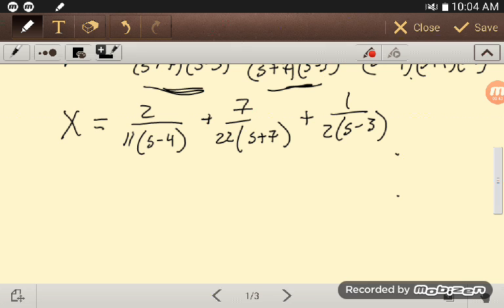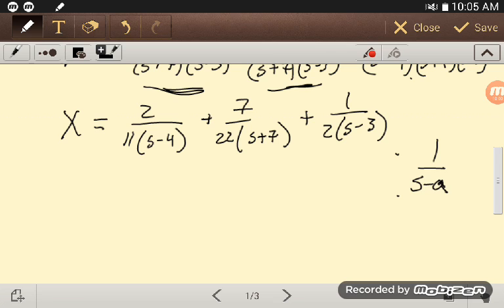Okay, so the constants are no big deal, and then I see an s minus 4, an s plus 7, an s minus 3. Well, the inverse Laplace transforms, as I look at the table, all of these I can think of as 1 over s minus a. So that's very convenient.